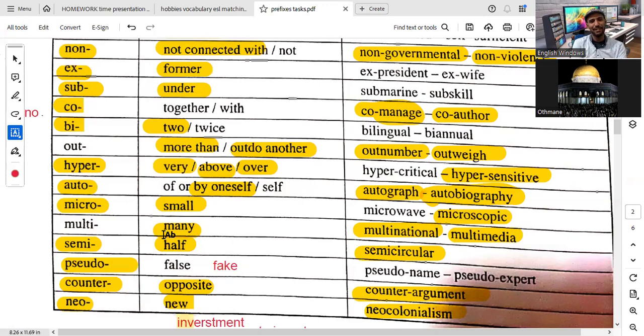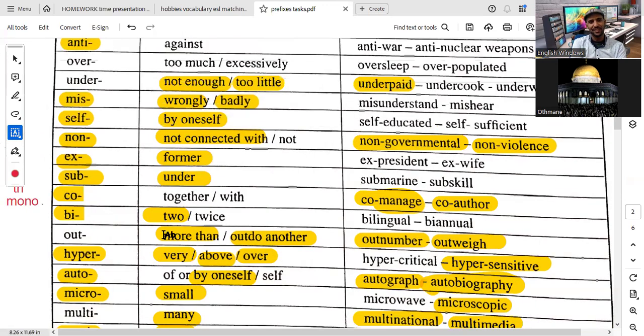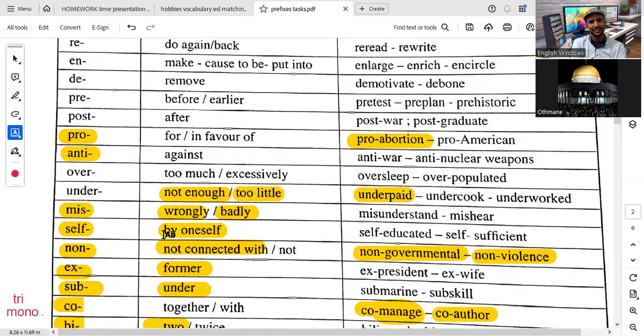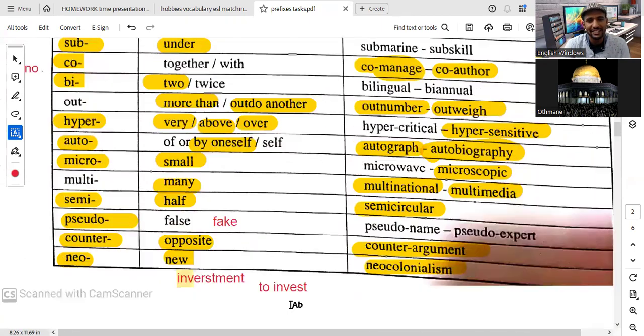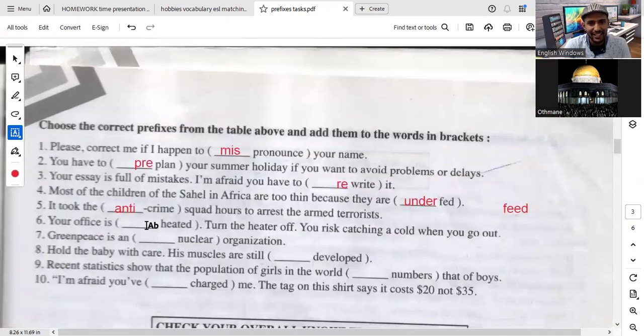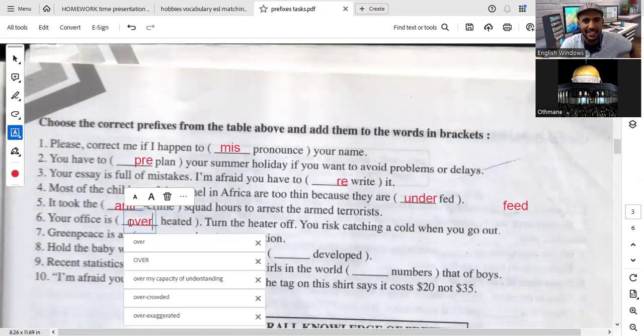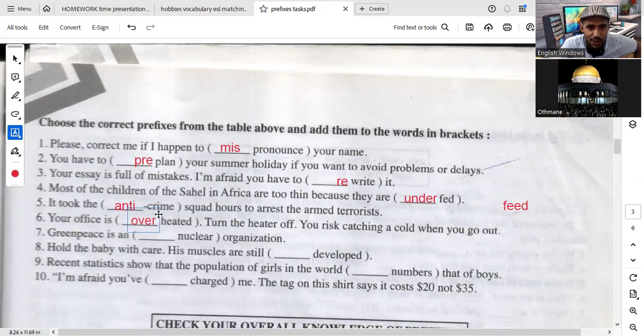Look for another prefix. It's excessively heated, right? So we say overheated, right? فوالا يعني الشوفاج خدامه حتى سخنا اكثر من سخنا البلاصه اكثر من اللازم, right? Yes. Your office is overheated. Turn off the heater, right? So as not to catch cold, right, when you go out.